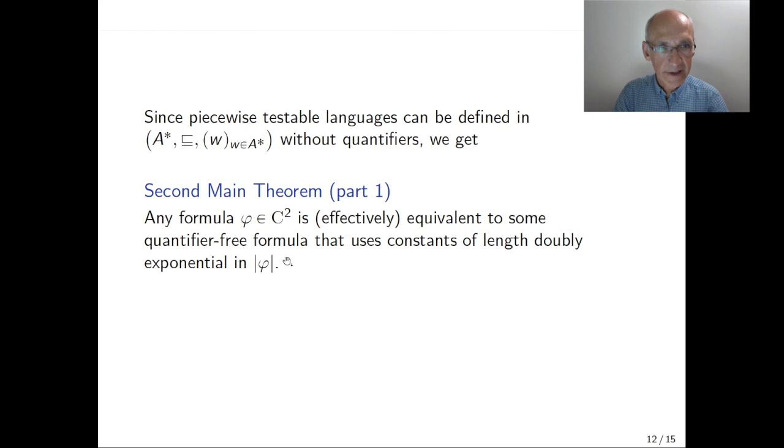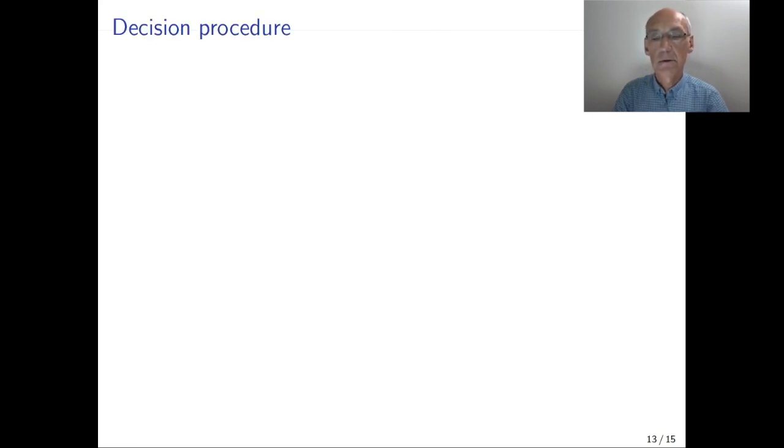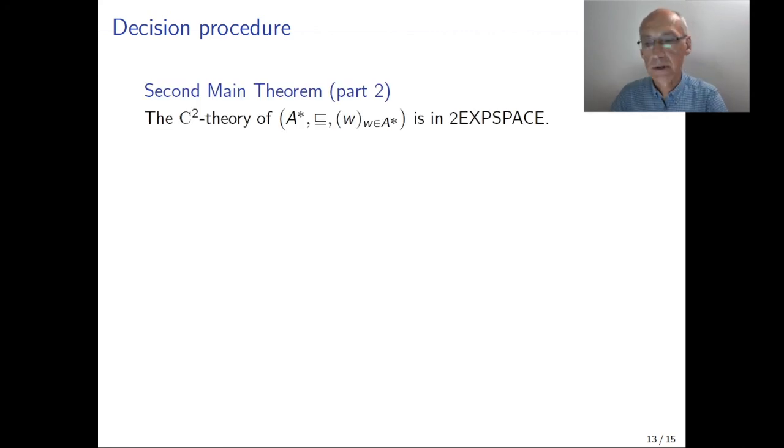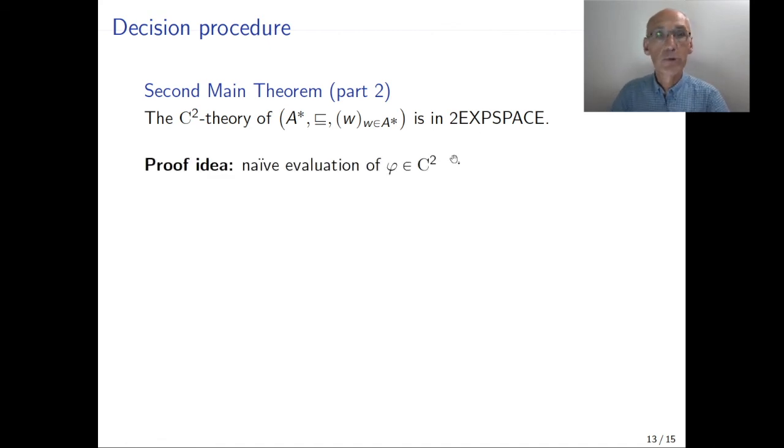This gives the quantifier elimination result, and the final result, the decision procedure. So the second main theorem, part 2, says that the C2 theory of the structure without regular predicates but with constants is in twofold exponential space. And here's the proof idea. We do a naive evaluation of the formula phi.